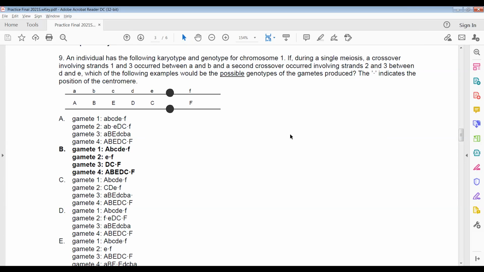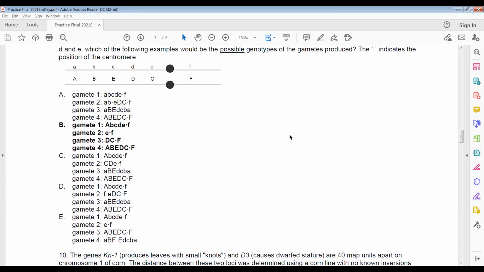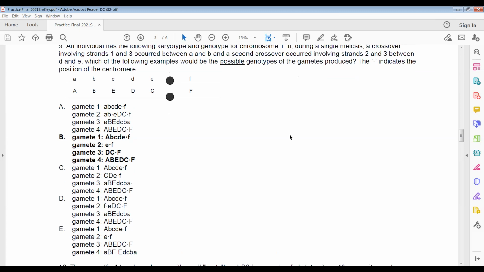It looks like gamete 4 wouldn't be affected at all, because the only crossovers would be between 1 and 3 and then 2 and 3.